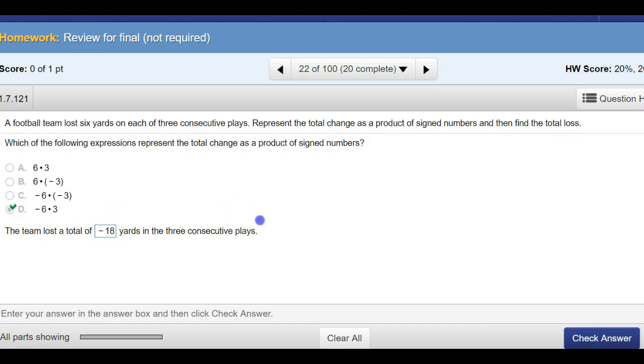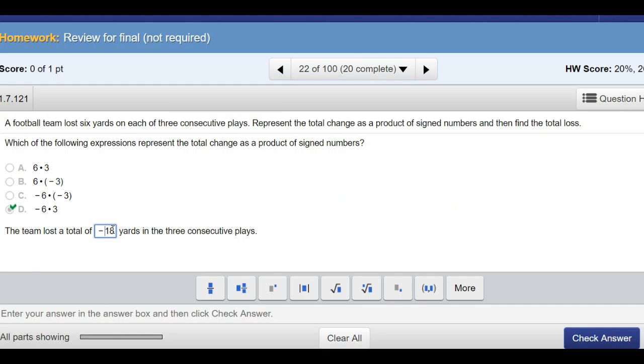Again, I didn't read it too carefully. Notice what they're saying here. Since they have lost here as part of the statement, I can't put that negative there, so I have to change my answer here and take out that negative sign. Now I check the answer.